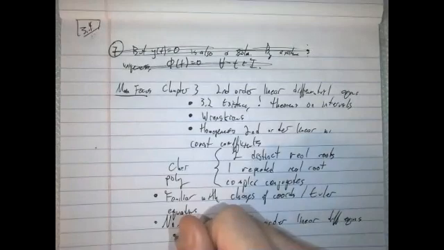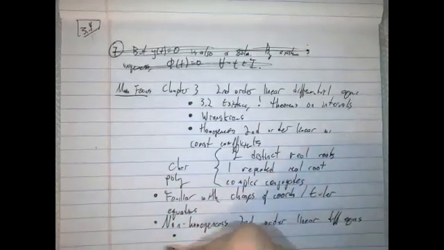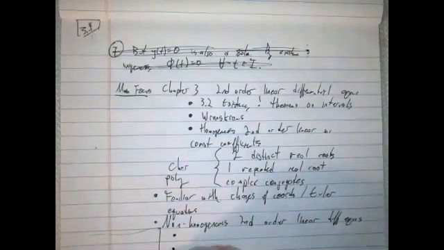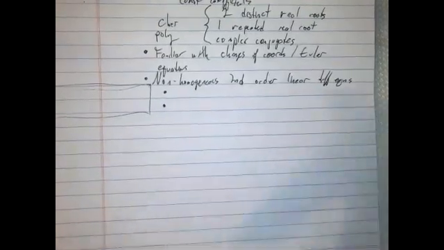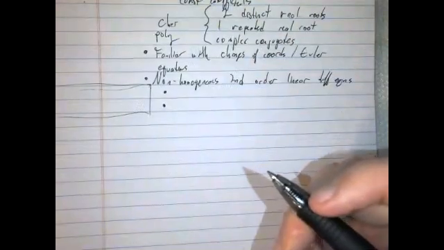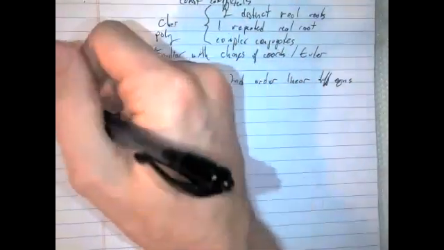So what's the main idea that we have for solving a non-homogeneous second-order differential equation? We find the solution to the relevant homogeneous equation, and then we find a single solution to the non-homogeneous. That's right.